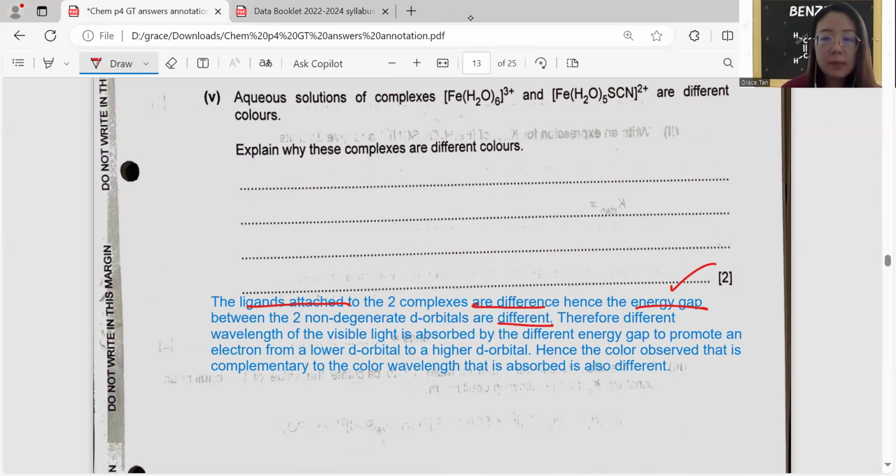Therefore, when the energy gap is different, a different wavelength of light will be absorbed. Maybe one absorbs red, one absorbs blue. So the different energy gap causes a different visible light wavelength to be absorbed to promote an electron from a lower to a higher d orbital. Hence, the color observed, which is complementary, will also be different.